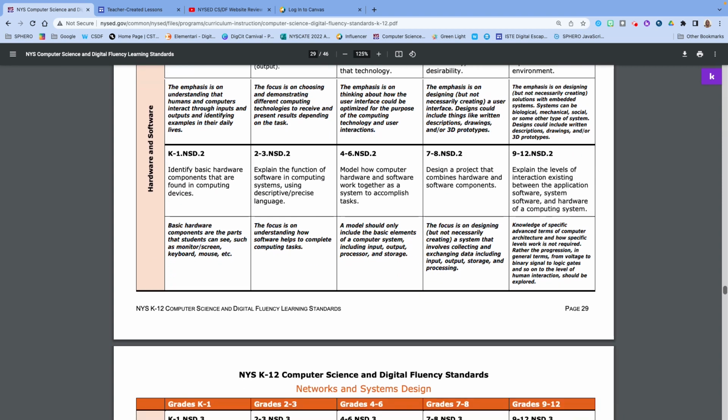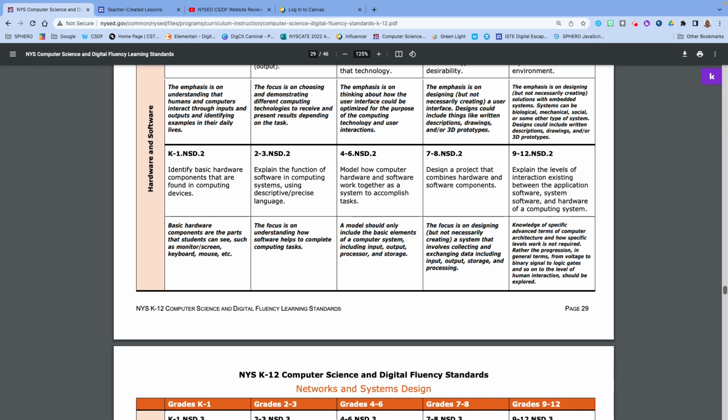As we get to the second standard, we're still within hardware and software, and we're talking about the use of software and hardware as far as how it helps us accomplish a task. So we're talking about language here, right? We're talking about the functioning of the computer, how we can identify the basic hardware parts and think about how they actually work together.